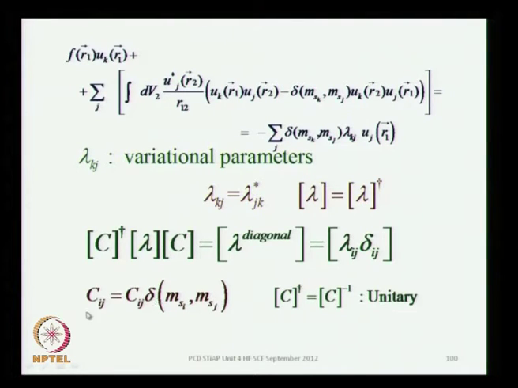Implicit to this C_ij is a Kronecker delta which guarantees the orthogonality of m_s i and m_s j. So, it will be orthogonality with respect to other indices, because that is already taken care of. You are now varying the space part of the orbitals. So far as the spin part is concerned, you already know that the down spin is orthogonal to the up spin. So, there is nothing to vary there. There are only two states.